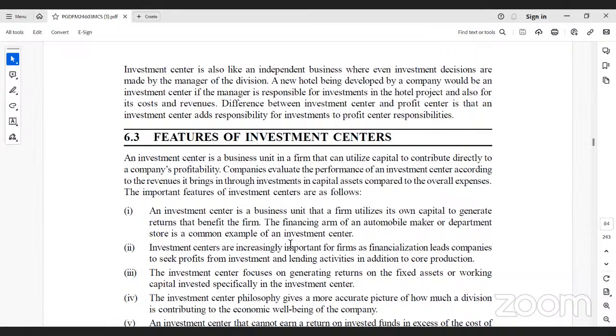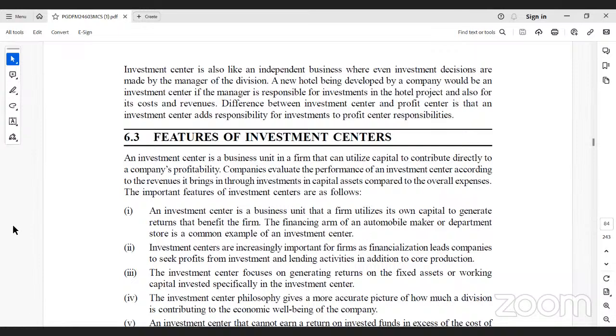So every firm has to invest their amount, and they want to get some returns. The functional arm of an automobile manufacturer, a department store, for example, comprises investment centers. Various activities happen in this department.